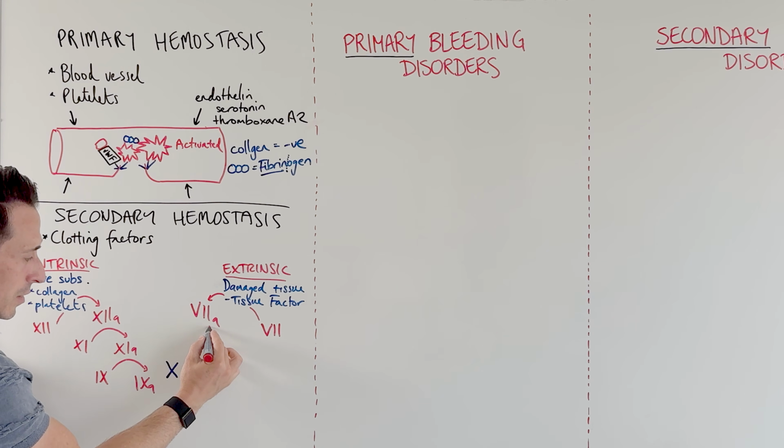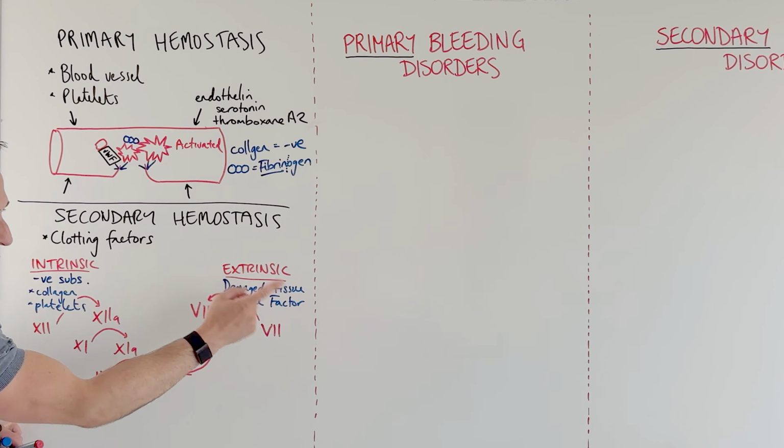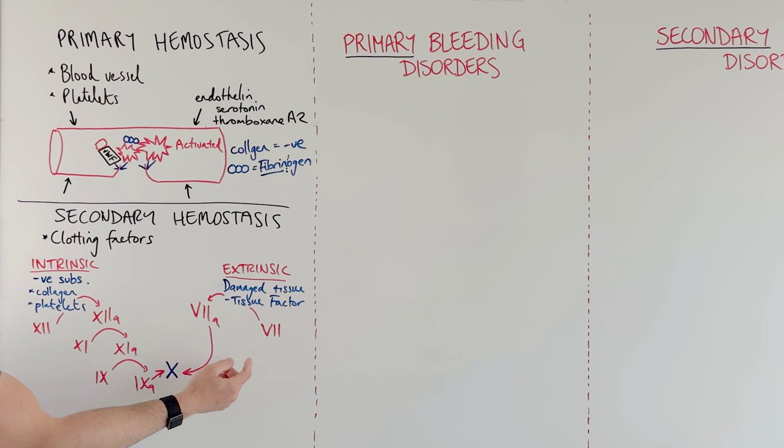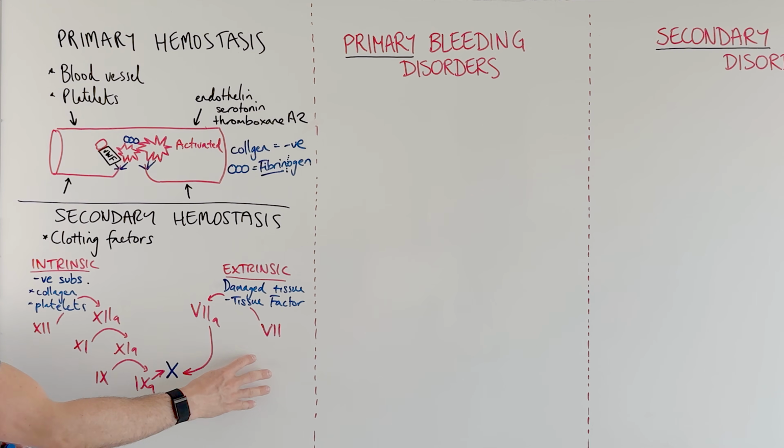And factor 7 will activate factor 10. So does 9. So as you can see, the intrinsic pathway, stimulated by negative substances, has a lot of steps before it hits 10. Extrinsic, activated by damaged tissues because it releases tissue factor, only one step. This is faster, but not as good, right?